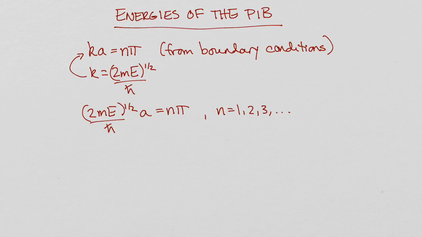Now where are we going with this? Hopefully you can see that we are now able to solve for our end quantity. Remember, solving the Schrodinger equation, the eigenvalues that we want to get out are the energies. So we're just going to solve for E here. Let's square everything to make it easy on us.